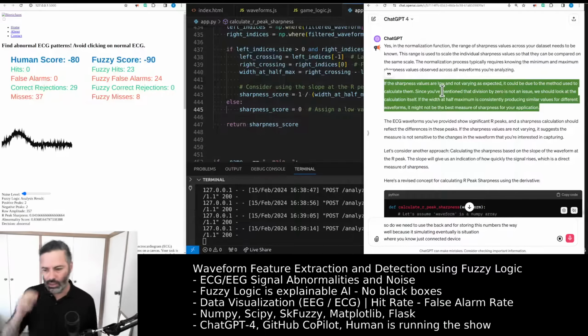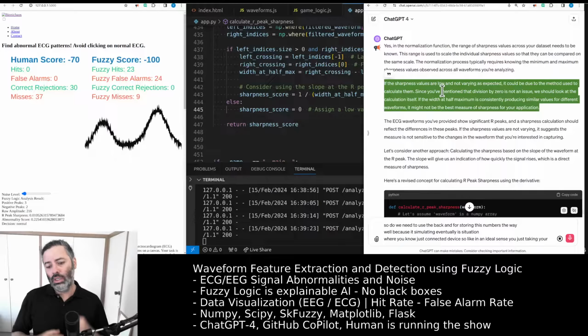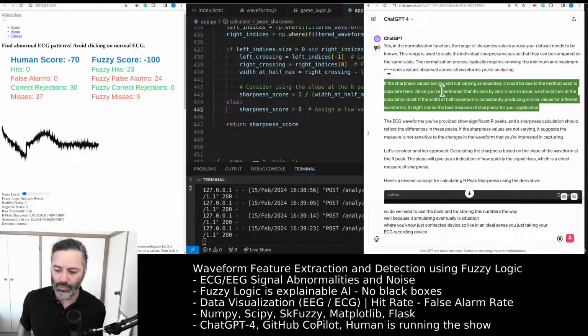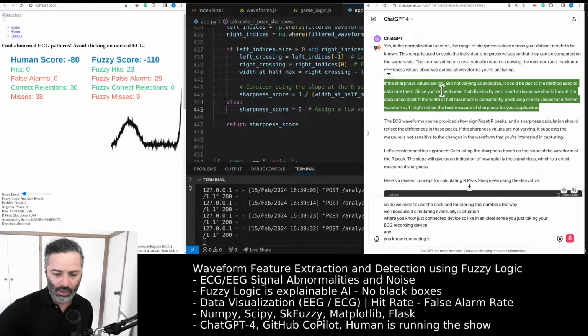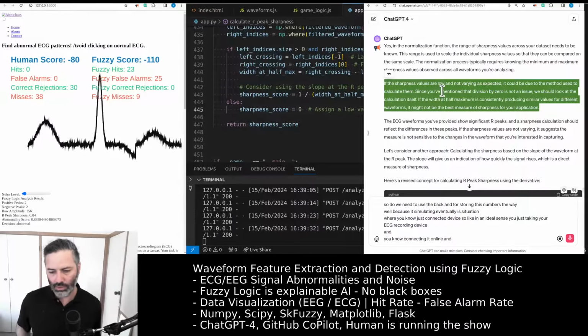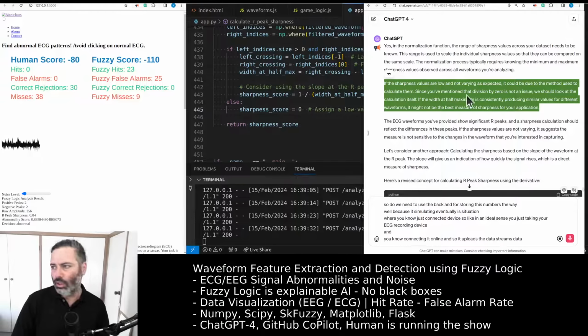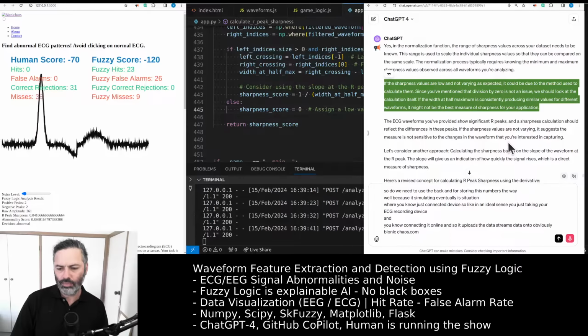So in an ideal sense, you'll be just taking your ECG recording device and connecting it online, and it uploads and streams the data onto, well, obviously bionichaos.com, not any other website.